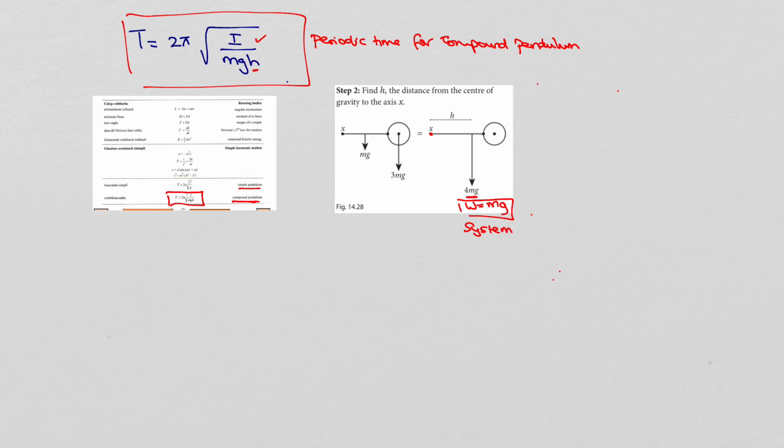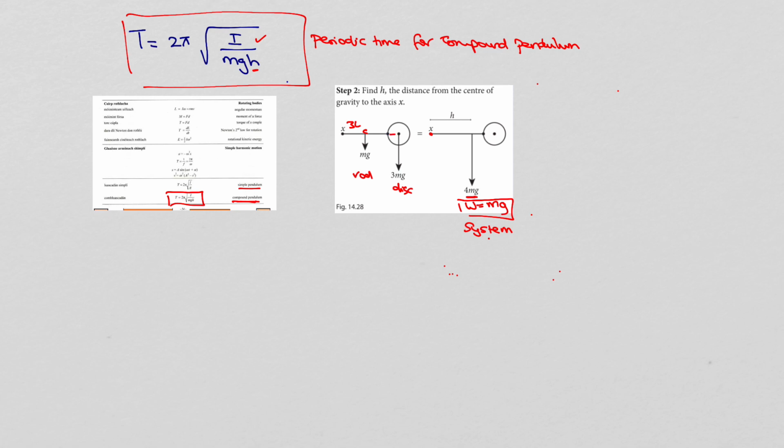And then we have the two parts separately. So we have the rod and we have the disc. So the weight of the rod will act through C, which is a distance of 3L to the axis point. And therefore the weight is mass times gravity, mg. And then we have the disc, which is a mass of 3m. So therefore the weight is 3mg.